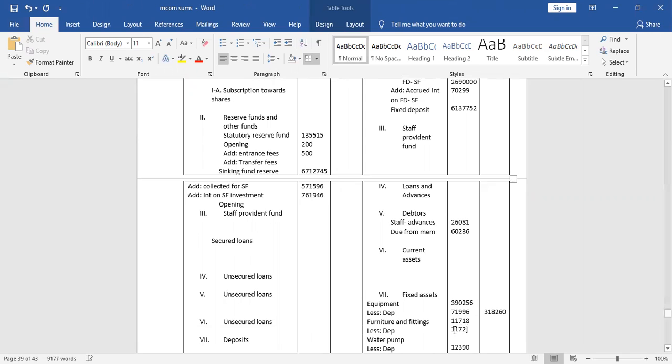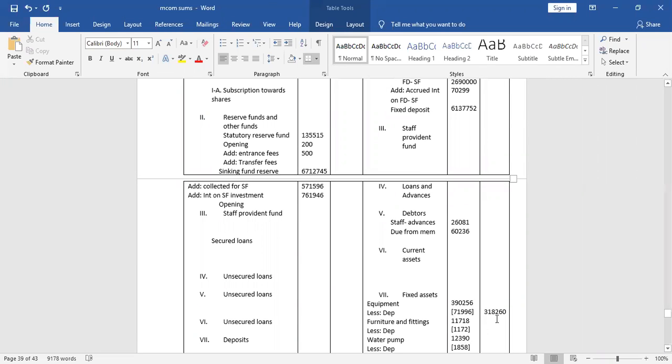1172. So how much is the water pump depreciation? Water pump depreciation is 1858.